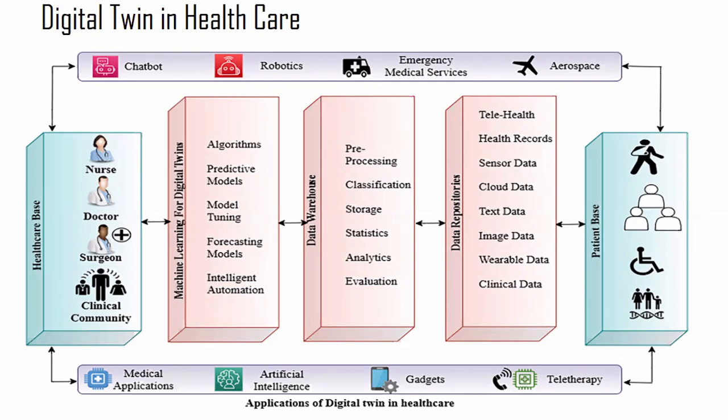Once that is done, we have to do some pre-processing. That is what we do in this data warehouse. We cannot use that data directly. For example, if you have an image, it cannot be used as it is. Some processing needs to be done, something vectorized.